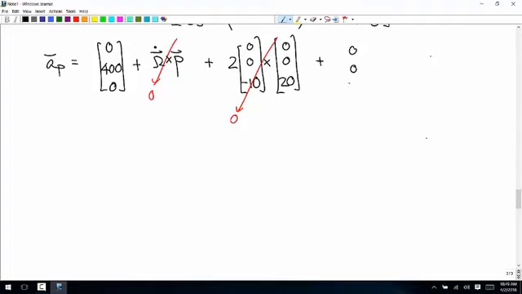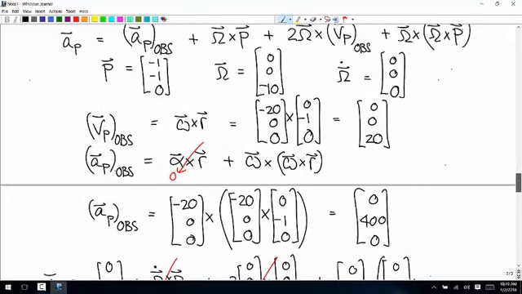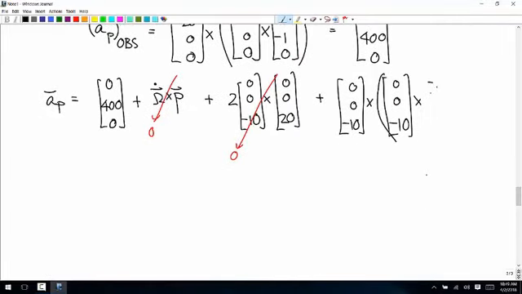Plus 0, 0, -10 crossed with the quantity 0, 0, -10 crossed with the position vector -1, -1, 0.